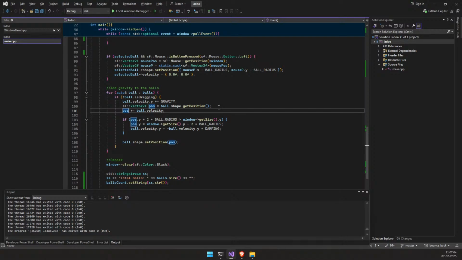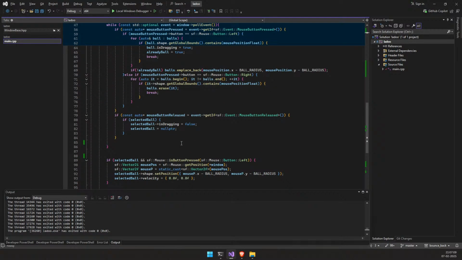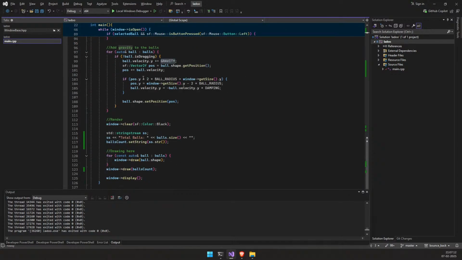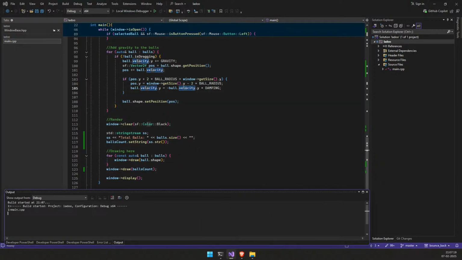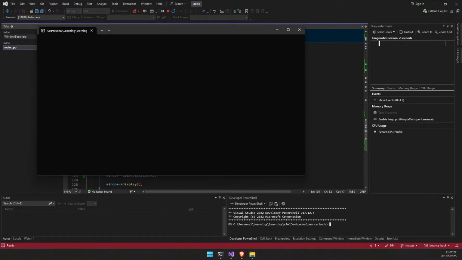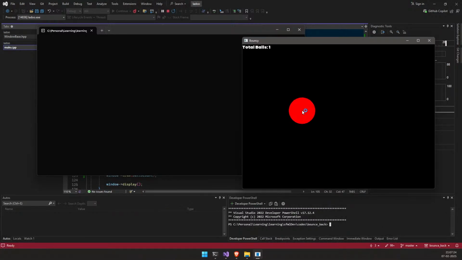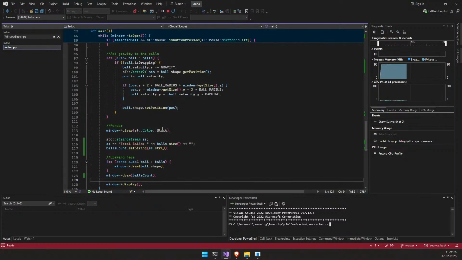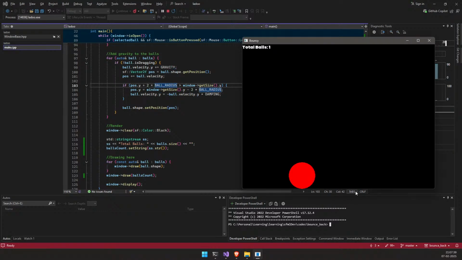Meaning if it was 1 and then we added 1.8, then it will be 2.8, and we are adding to the existing one. So if we click on this window, a ball will appear and it will bounce to the bottom because we are adding a velocity in the y direction, because the shape has x and y. So we are increasing y with this gravity value. Then we check whether it is touching the bottom or not.